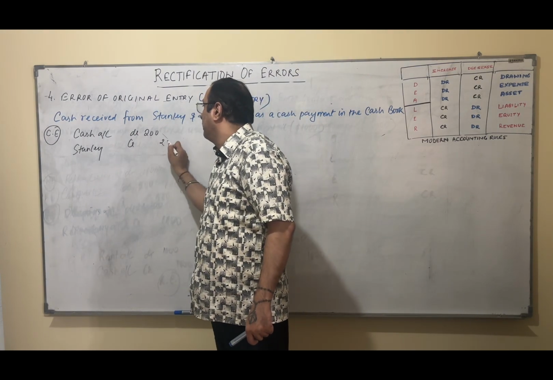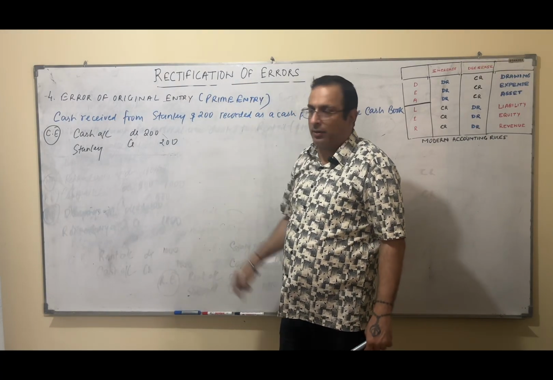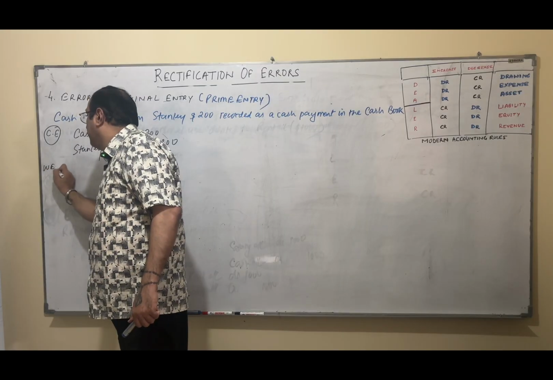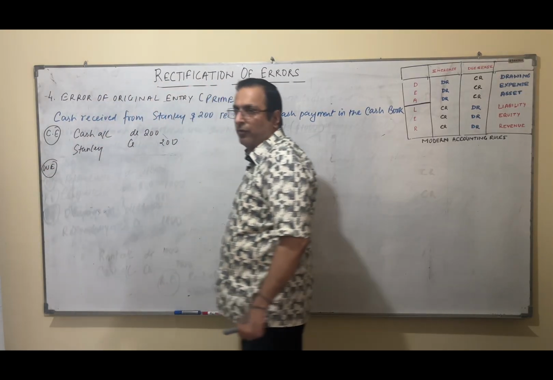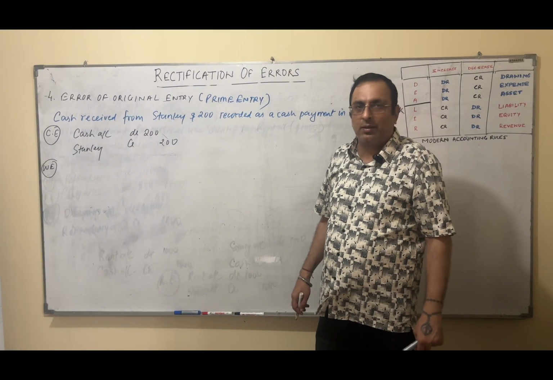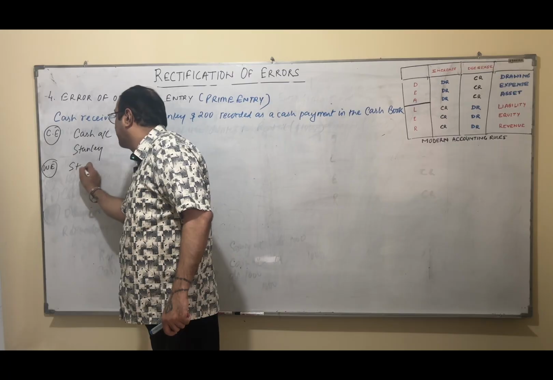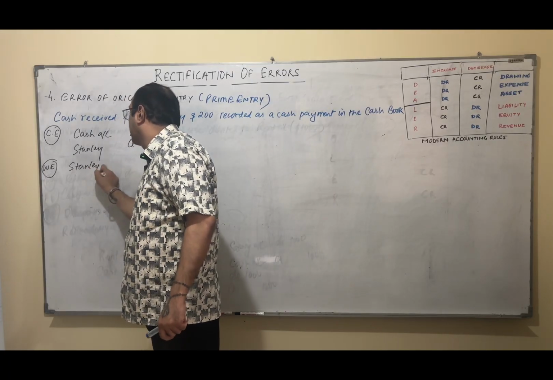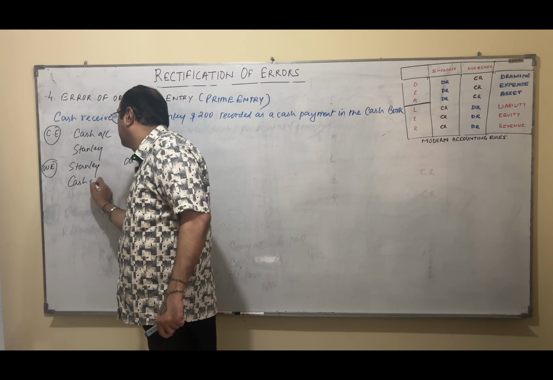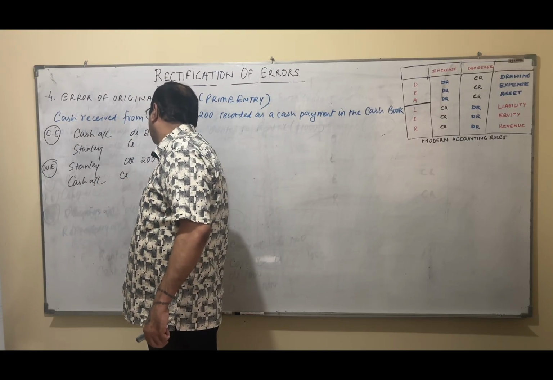This should be the correct entry when we receive cash from Stanley. But what mistake we have done, we have taken it as payment. When we pay something, cash goes out, cash decreases, right? And Stanley is the receiver. It will be Stanley debit, cash credit. 200, 200.